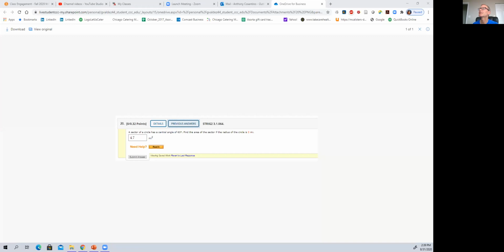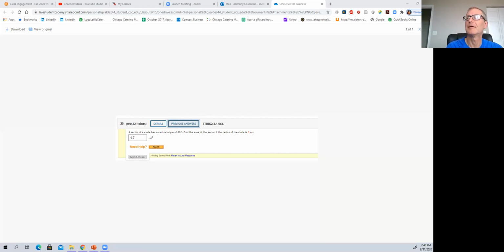This one says a sector of a circle has a central angle of 60 degrees. Find the area if the radius is 3 miles. So we have a circle, and this is 3 miles, and the angle is 60 degrees.